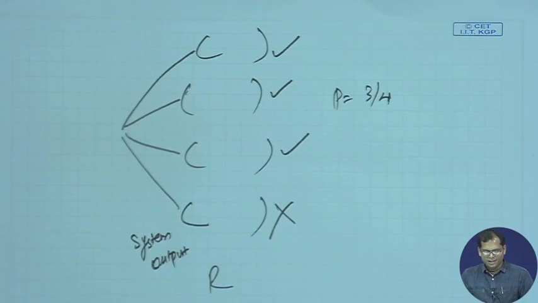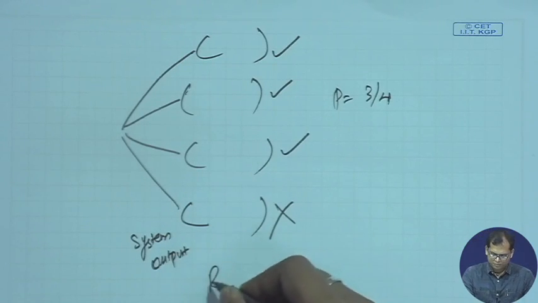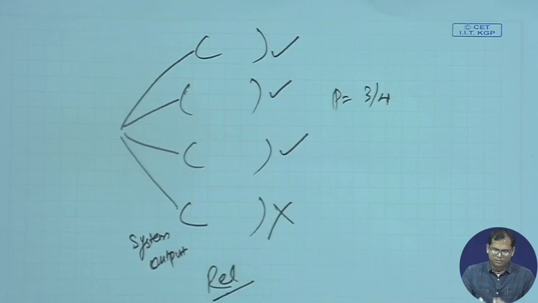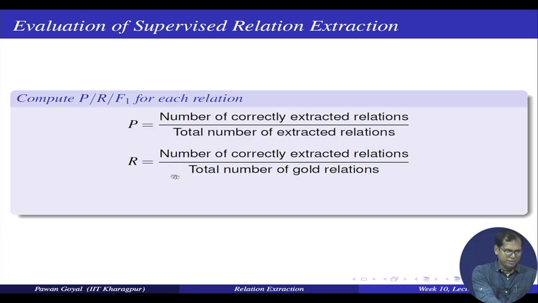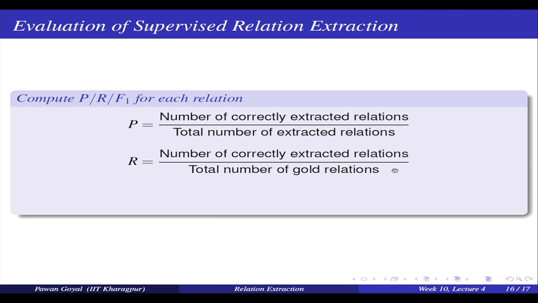What is the other criterion? The other criterion is recall. Recall is the number of correctly extracted relations that my system identified divided by the total number of gold relations. It's important to see the distinction between the two.